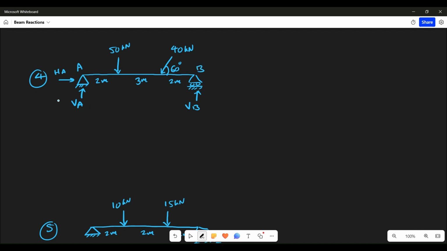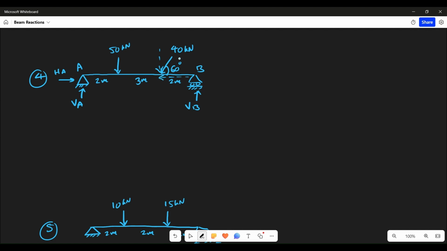So again, first condition will be sigma H equal to 0. Now, before putting the equilibrium conditions here, we will resolve this 40 kilonewton into two parts. One will be the vertical component of it and the other is the horizontal component of it.